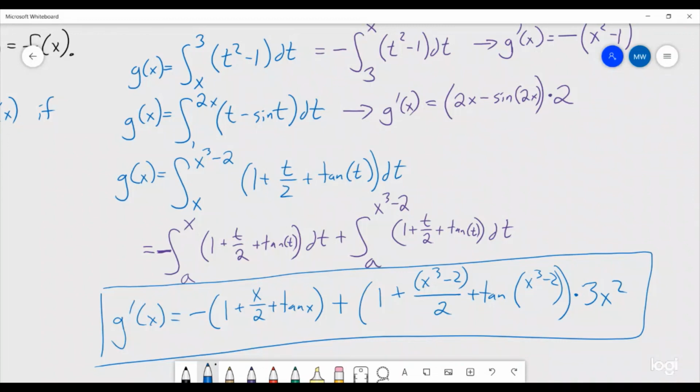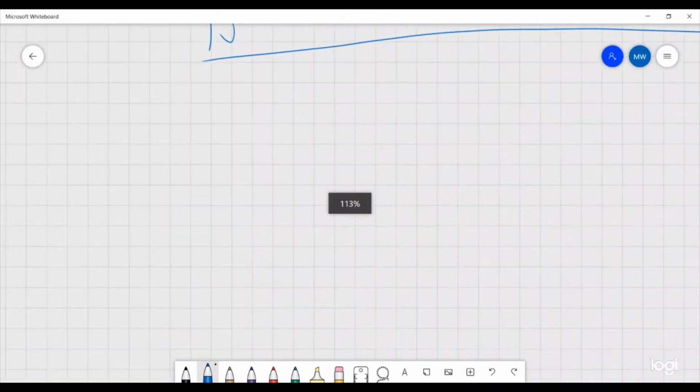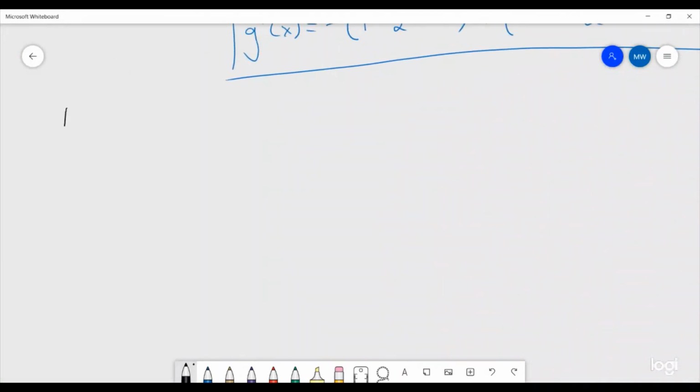Okay, so now that we've done this one, let's go over the second part of the Fundamental Theorem of Calculus. So the FTC Part 2. What does this one say? Well, it starts the same way.